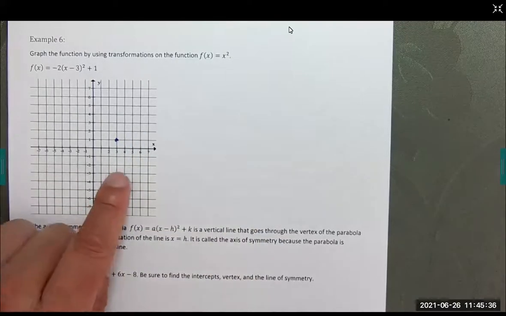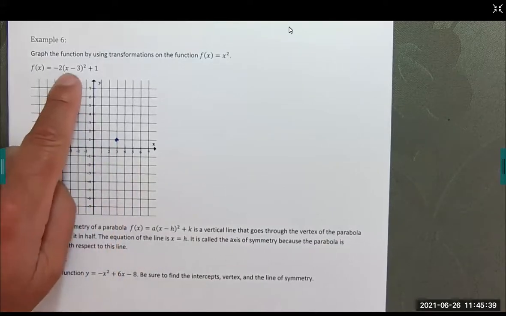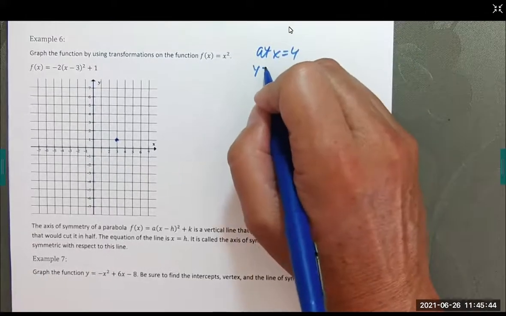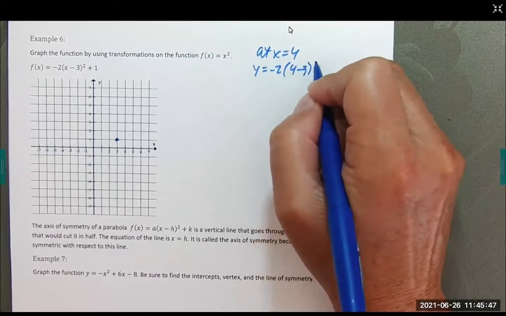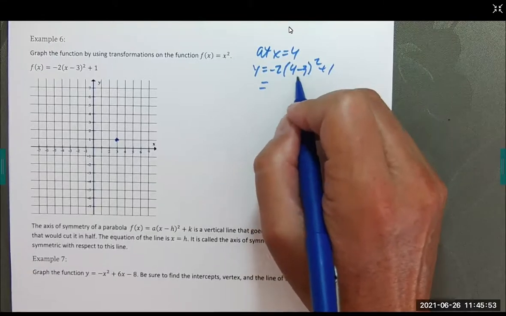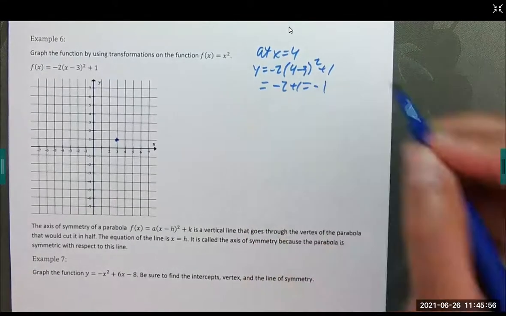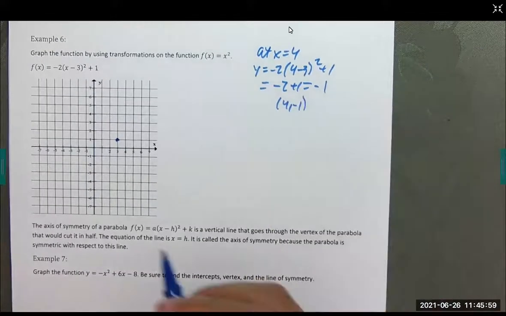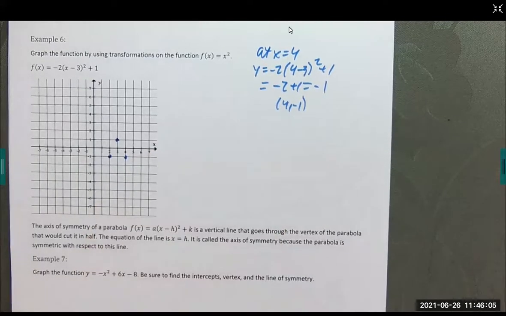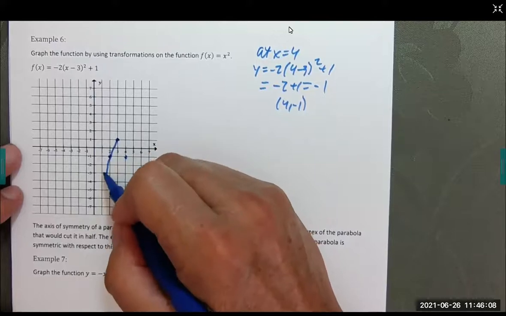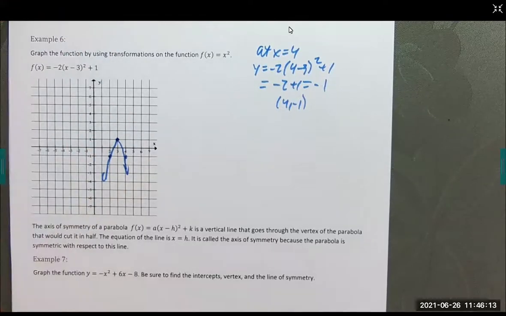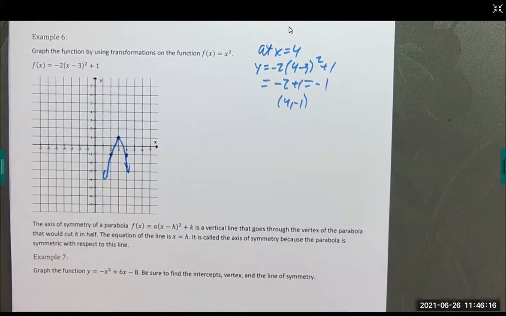And if I plug in x equals 4 into here, that becomes 1 squared, which is just 1, so -2 plus 1 is -1. So the point 4, -1, so it's down here. Now, because of something called symmetry, which we're going to get into in just a little bit here, these are going to be the same on both sides. And the -2 in front means that it's much narrower. It's shooting downward much, much faster as we're looking at that.